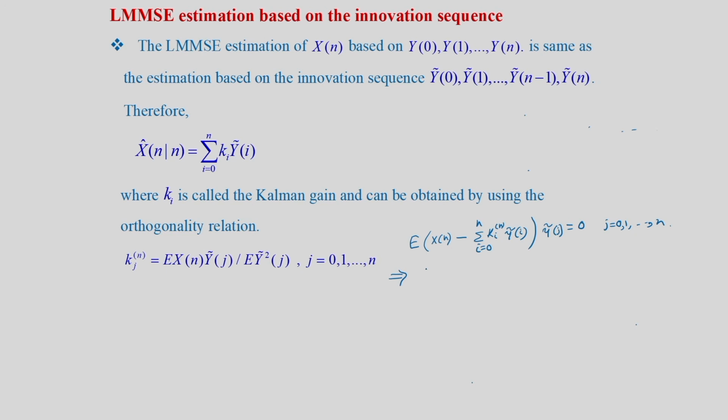And this implies that E of xn into y tilde j minus, now because this y tilde sequence is orthogonal, there will be only one term, that is kj n into E of y tilde j square, must be equal to 0, from which we will get kj n is equal to E of xn into y tilde j divided by E of y tilde j whole square. So, this is the relationship.